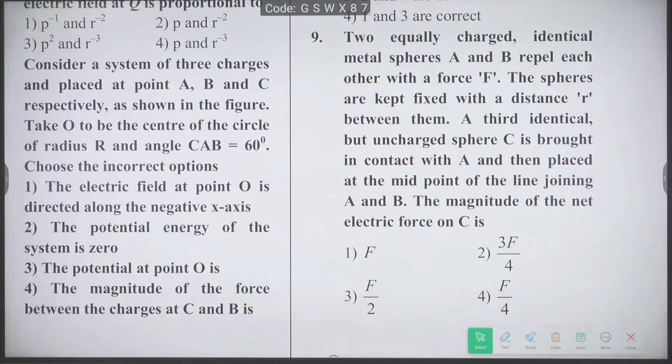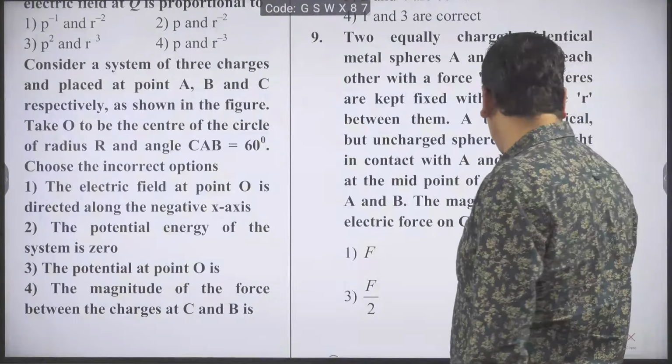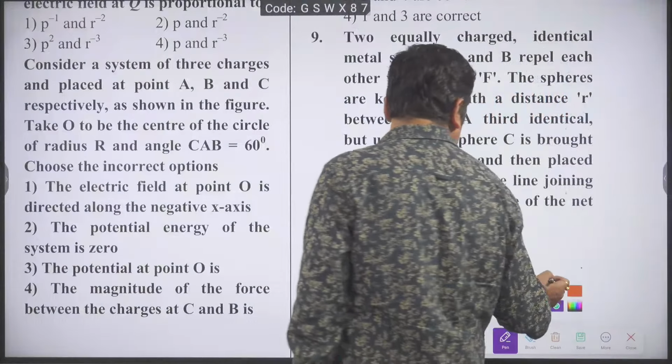Two equally charged identical metal spheres repel each other with force F at distance r between them. A third identical but uncharged sphere C is brought in contact with A and then placed at the midpoint of the line joining A and B. The magnitude of net force on C is... Let's see.